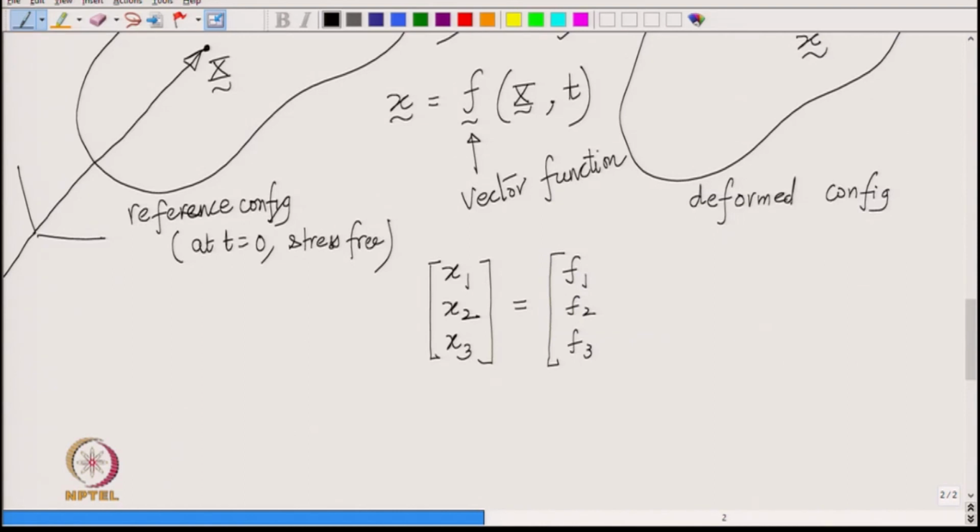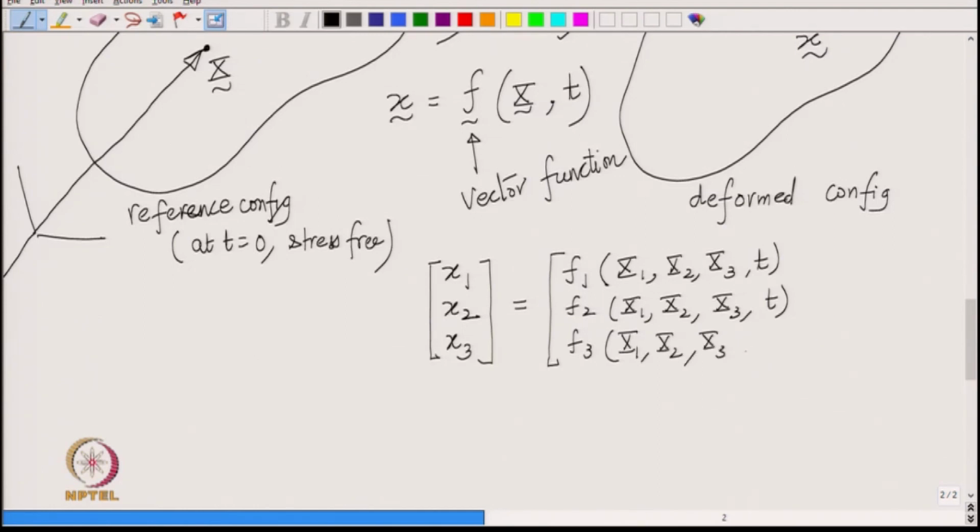So, f has 3 components, f1, f2, f3, and each of the functions depends on the 3 components in the reference configuration. Okay. So, this is the column form of the formula that we have here.